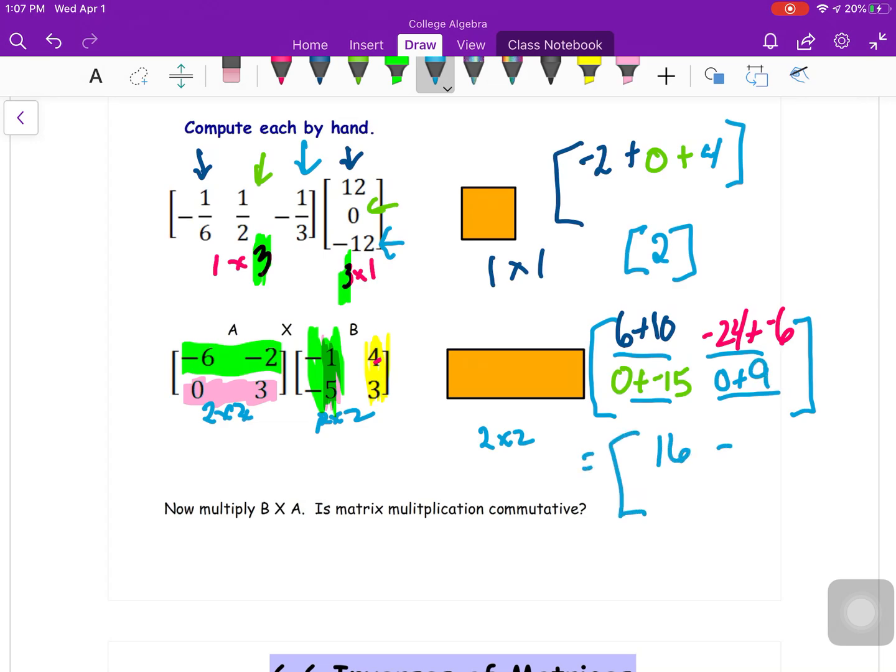So my result is 16, negative 30, negative 15, 9.